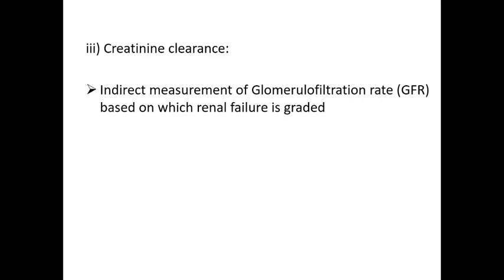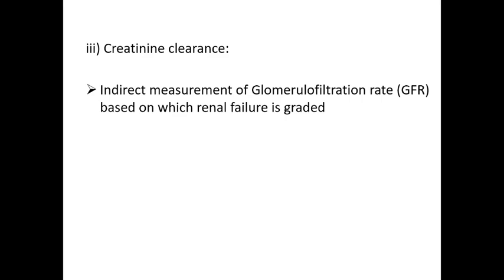These are glomerular filtration, reabsorption and secretion. So this glomerular filtration takes place through the glomerular capillary plexus in the Bowman's capsule. So the rate at which this filtration takes place is called glomerular filtration rate.